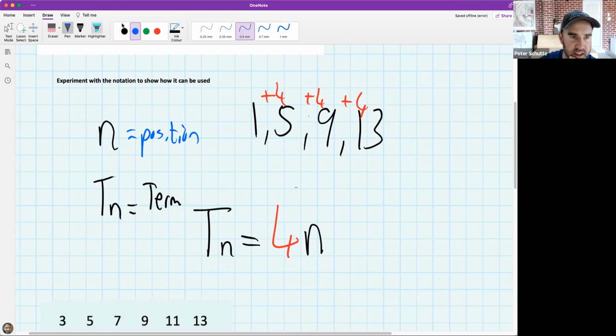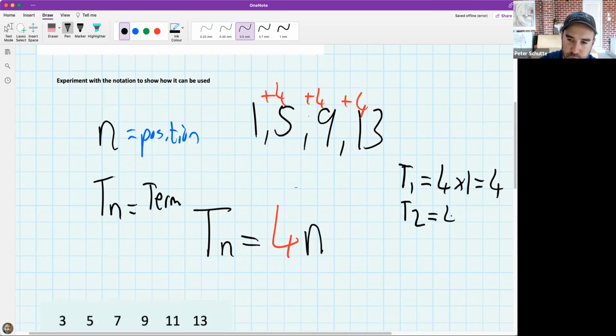So let's see what happens. My formula says T1 is 4 times 1, which is 4. And it says T2 is 4 times 2, which is 8. Are the first two terms of my number pattern 4 and 8?